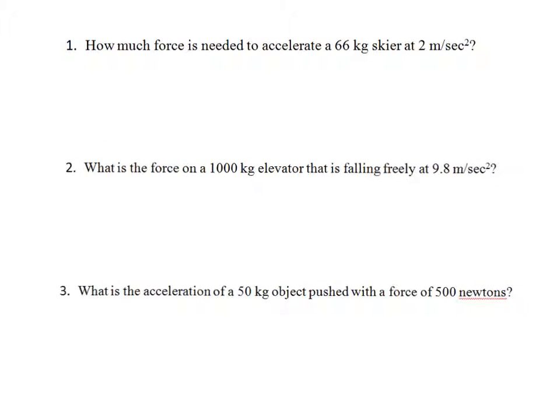Alright, so like I said, we're going to go through a few example problems. Number 1 here says, how much force is needed to accelerate a 66 kilogram skier at 2 meters per second squared? So once again, we're going to use force equals mass times acceleration from earlier. We need to know what the mass is and what the acceleration is.